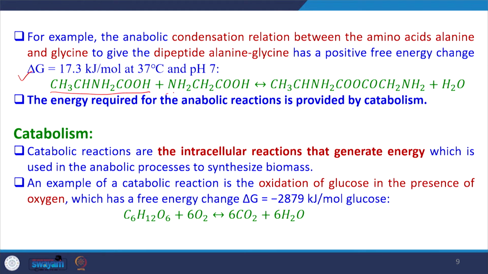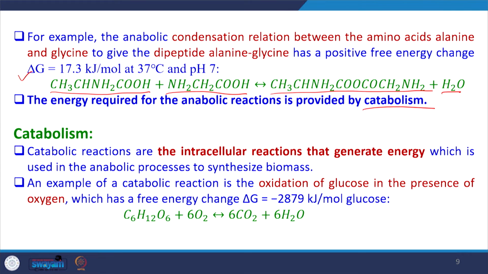We can see the reaction happening between glycine and the amino acid alanine to give the dipeptide alanine-glycine along with water. The energy required for this reaction will always be obtained from the catabolism reaction. So, there are other types of reaction which are classified as catabolism, in which the energy is obtained.